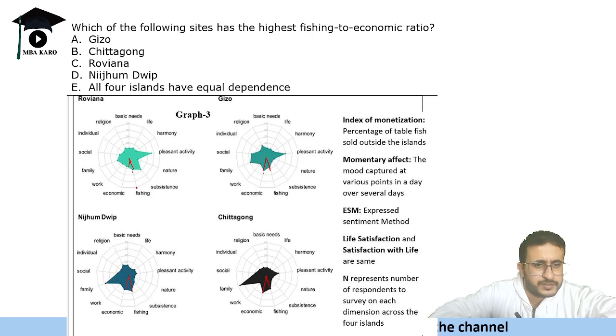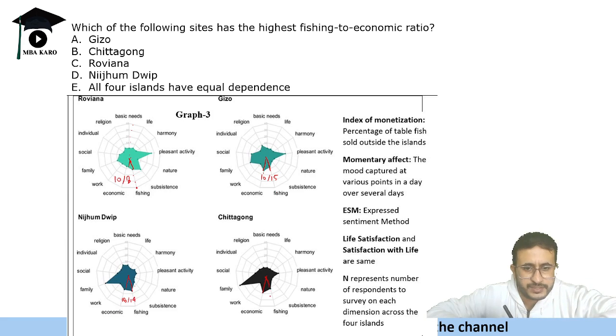Again it requires calculation. So this is 40, 30, 20, 10, and 10 and 8. So fishing to economy ratio is 10 to 8. This is 10 and this is 15. Okay, this is 10, 18 to 15, or difficult to read again.